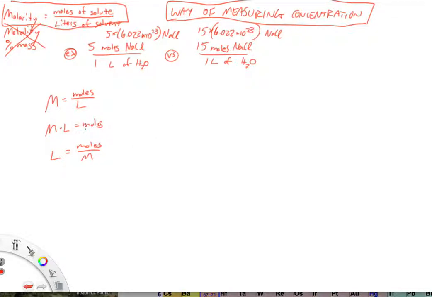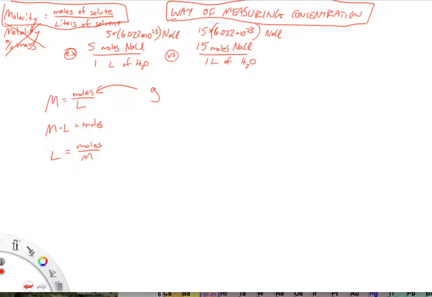I guess the hardest thing about this is that sometimes I don't give you moles. Sometimes I'll give you grams of something. How do you go from grams into moles? I'm just sketching the skeleton of how to solve these kinds of problems. If I give you a problem where you have grams and you need to find the molarity, and you know the liters, well then you know how to get from grams to moles, and then you know how many liters there are, so you can find the molarity.